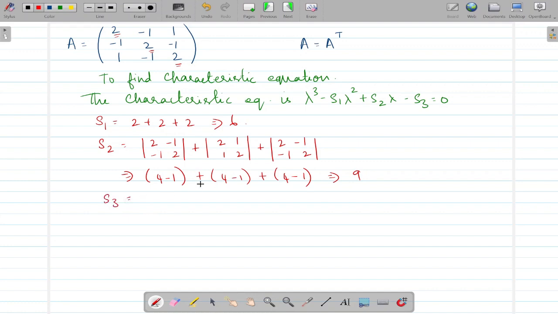S3 is the determinant of A. To find S3, you take different columns with the first row. You leave the first row and first column and write the remaining elements, then multiply with the first element of the first row, which is 2: the remaining elements 2 -1, -1 2. Then subtract: you take the second element from the first row, -1, leave the first row and second column and write the remaining elements -1 1, -1 2.